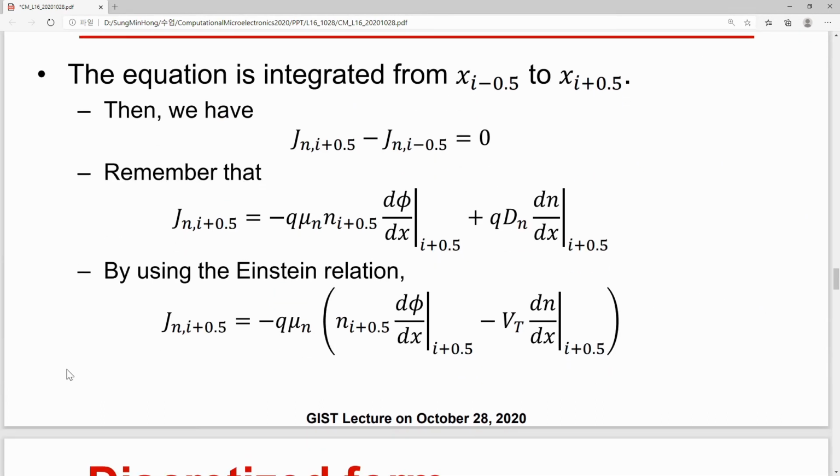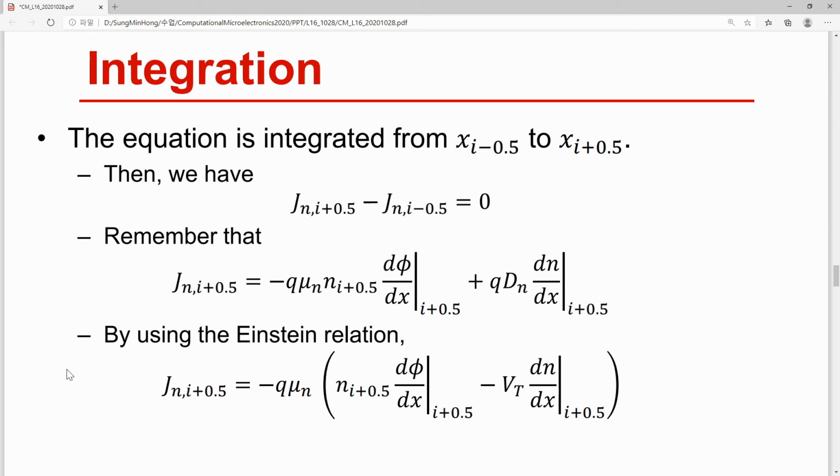Yeah. So in order to solve this equation, we just integrate our equation over a small box. We are quite familiar with this technique. So integration from the left end of the control volume to the right end of the control volume.